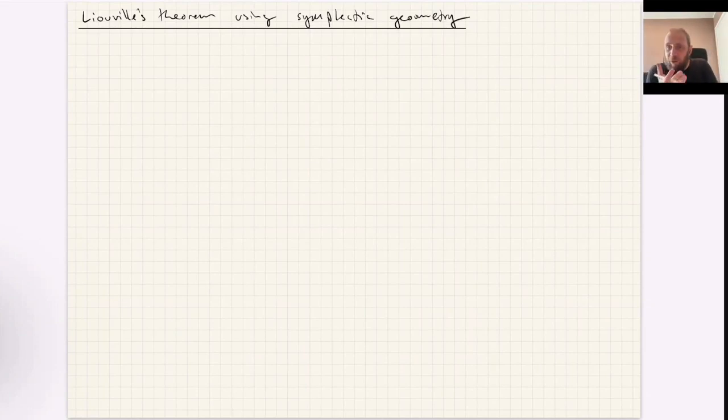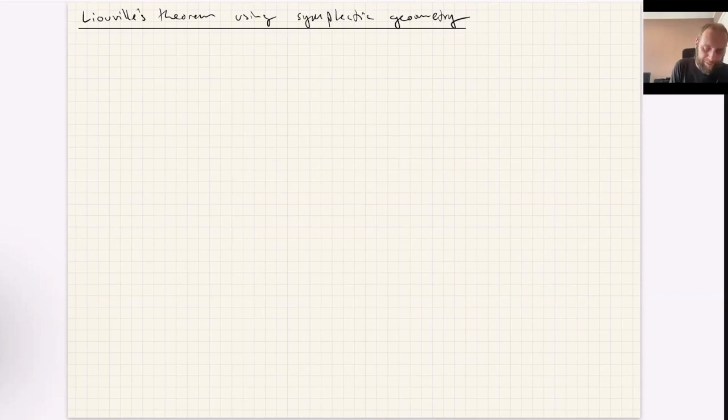When we discussed integration on general manifolds, if you want to have the volume of something, you want a volume form, which is a form of the same degree as the dimension, an n-form.